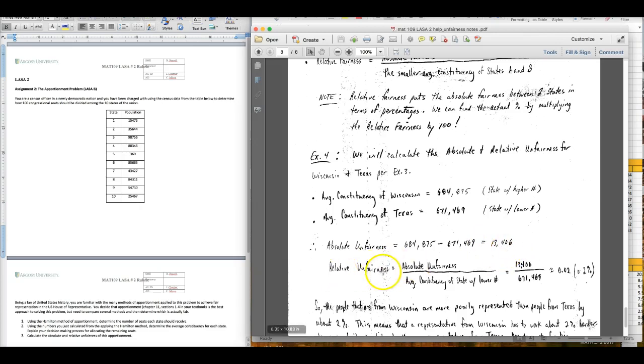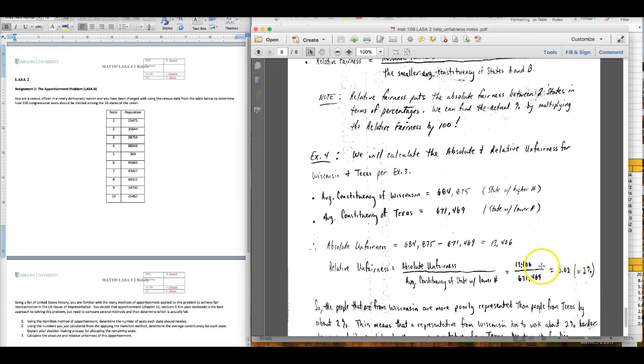And the relative unfairness will actually end up being whatever the absolute unfairness is, which is just 13,406, divided by the smaller of the two average constituencies, which is going to be the one for Texas. And so we see in this example that the relative unfairness is about 2%.